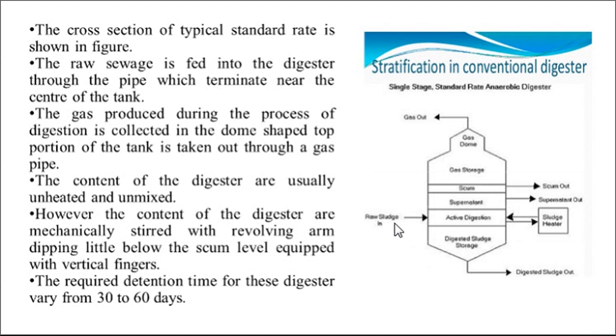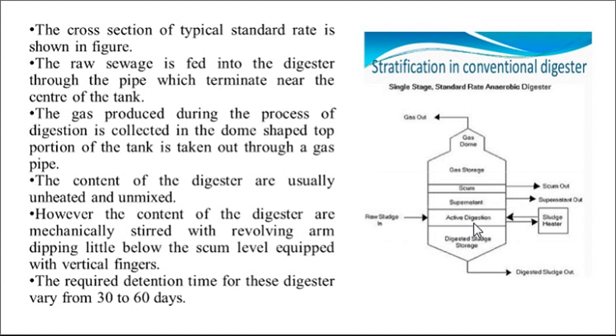So, this is the figure, which is cylindrical in shape. Through this pipe the raw sludge is given to the digester, and this zone is called the active digestion zone. In this zone digestion of the sludge takes place, and the water in the sludge forms the supernatant, while other floating matter forms a scum layer; these two are taken out through these two pipes.